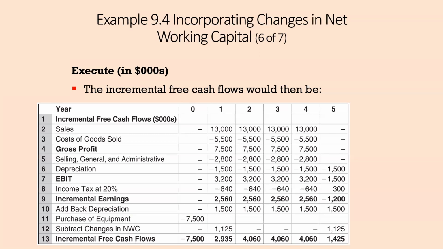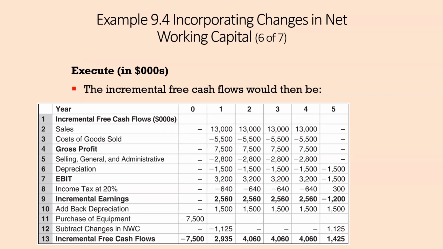So the incremental free cash flows would be what you see here. I'll just leave it up here for a moment for you to review. I'll just read some of it. So year 1 through 4, the sales is at 13. You have the cost of goods sold at a negative 5.500.